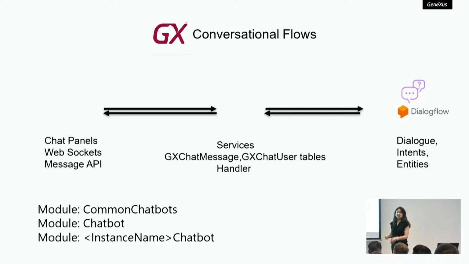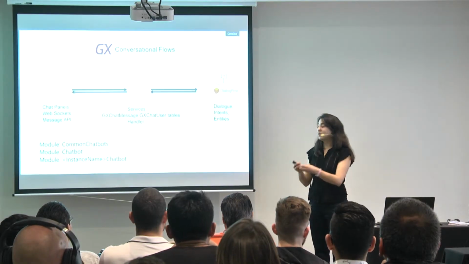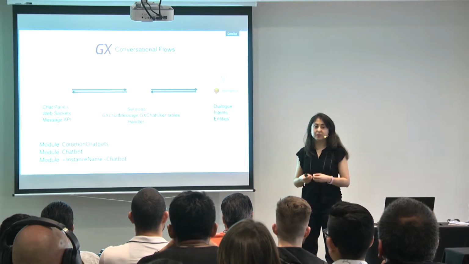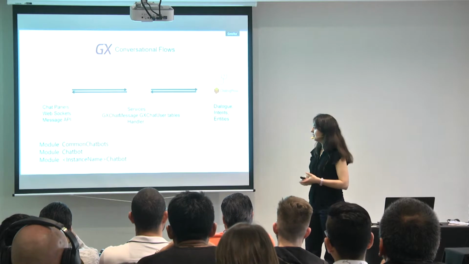In the server, there is a handler that is generated based on the model that we have in GeneXus that knows how to send the client the answer. It could be a text reply, or it can be multimedia. That is why the handler is the one that is generated on the basis of the model, and is the one who knows how to resend the reply to the client.